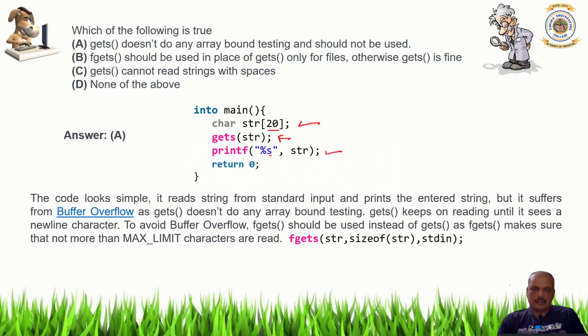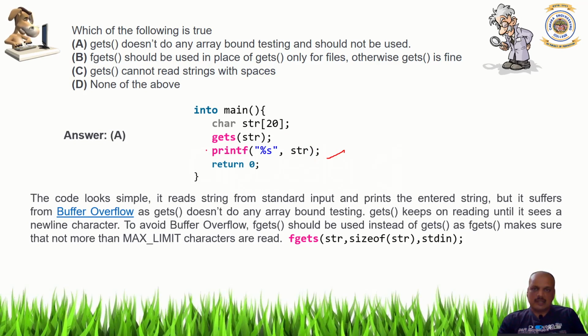When you execute this piece of code, if you input more than 20 characters from the keyboard, there is no error message or warning given to you. The scanf basically reads everything, and then when you use a printf, you have a problem of buffer overflow.